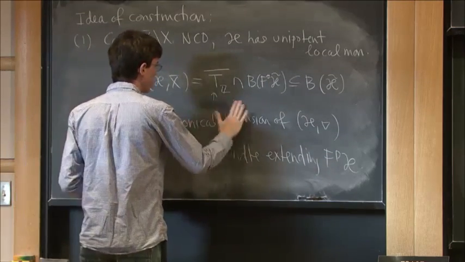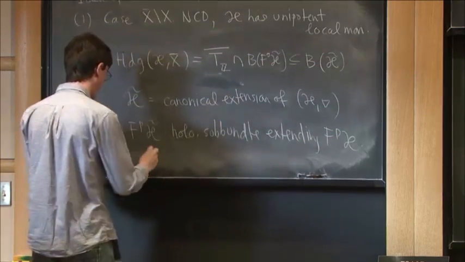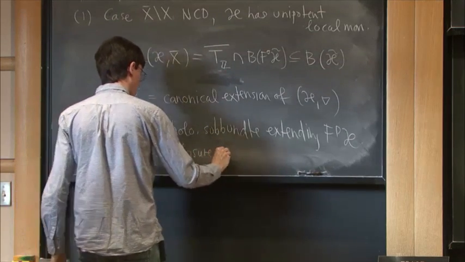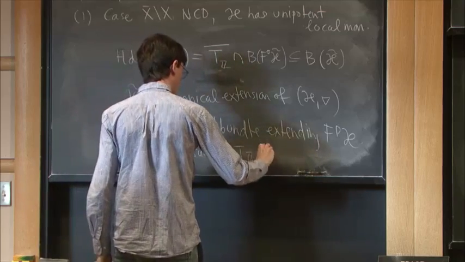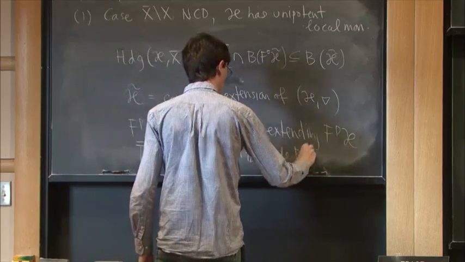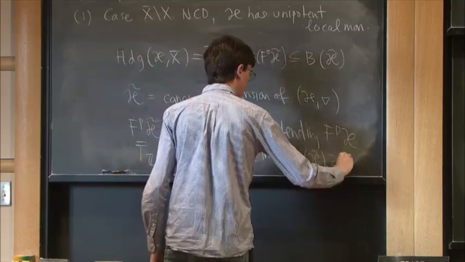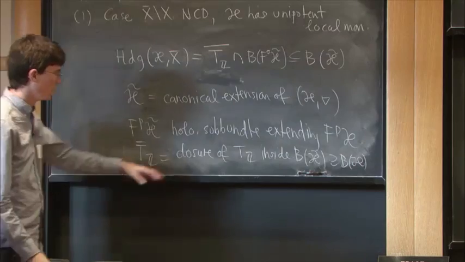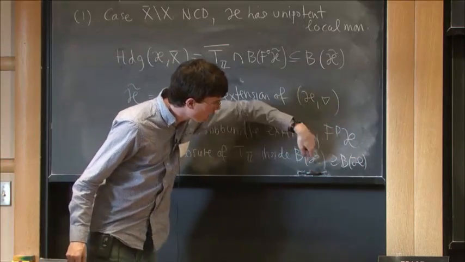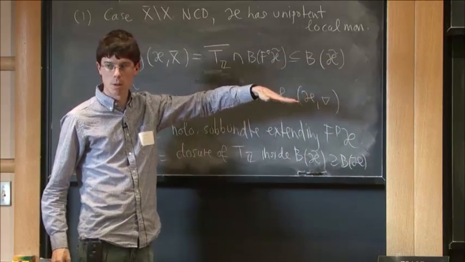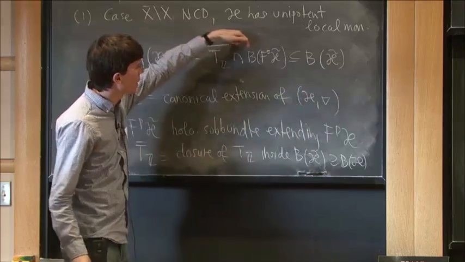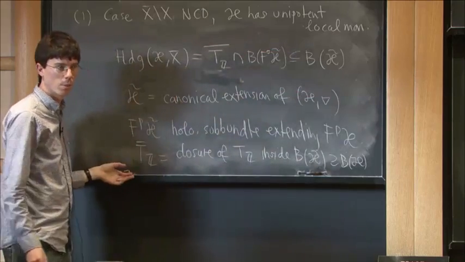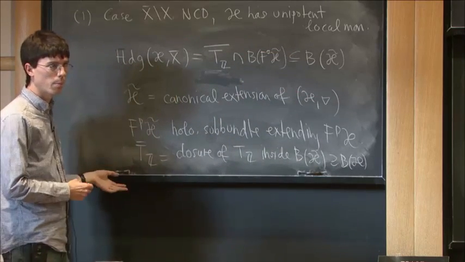So this means take the closure of this TZ inside the canonical extension bundle, which contains the original bundle as a dense open subset. This TZ was a closed submanifold of here, but it's no longer closed in this bigger bundle. I just close it up, show that you get something nice, and then you can intersect it with this subbundle to get an analytic subspace of this bundle. And then I claim that it has the right properties. One can deduce from Cattani, Deligne and Kaplan that it has the right properties.